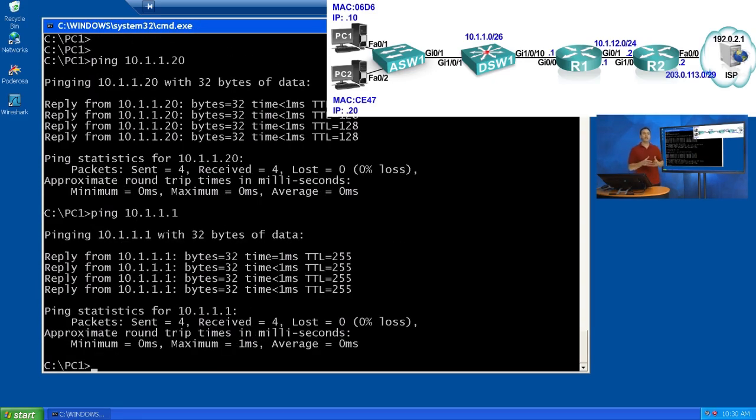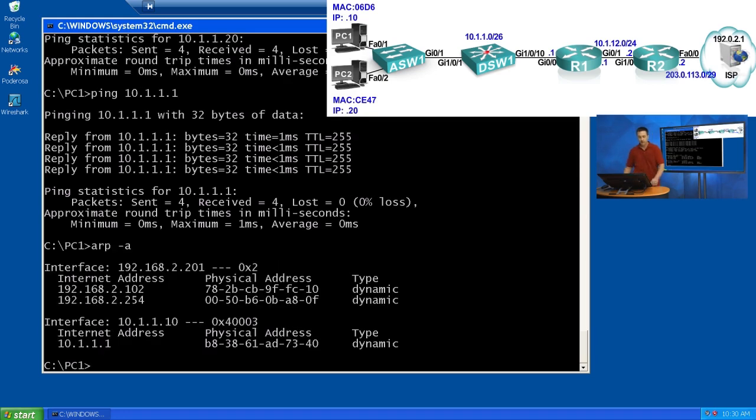Now, what is the source MAC address of the frame? And what is the destination MAC address of the frame? Well, let's look at our ARP cache here, because we would have had to figure that out. And we can see in our ARP cache, we can reach 10.1.1.1 using B8 3861 AD 7340.